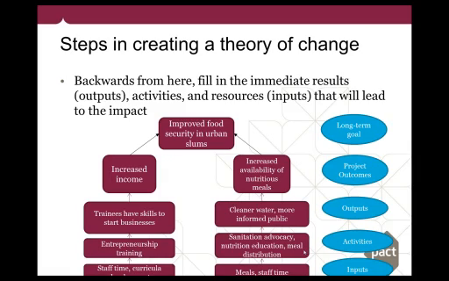So in this example, you have the initial inputs, meals, staff time, etc. Then the actual activities that you conduct, so maybe training, maybe some advocacy and education, and meal distribution. And each of these lead to different outputs, such as skills that people can use in businesses, increasing their income and eventually leading to improved food security.